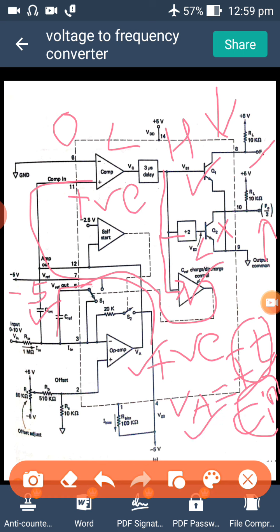But what will the polarity of VA be? Minus, right? Because we are providing the input to the inverting terminal, VA will be linearly decreasing, right? Okay.